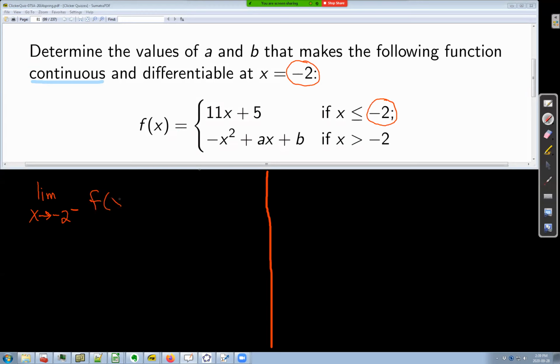So what's the limit as x goes to -2 from the left of f of x? That's going to be the limit as x goes to -2 from the left. Oh, I got to fix that. That's some pretty sloppy handwriting there.